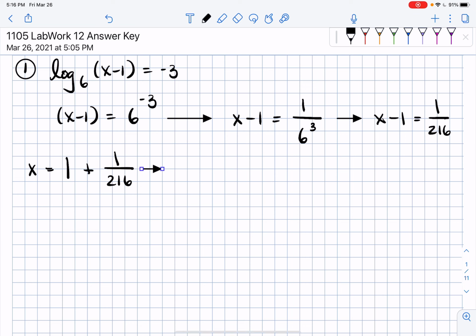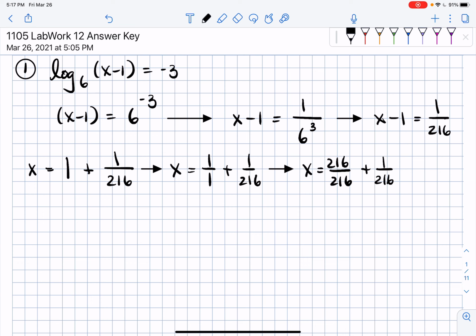Well, another way of looking at 1 would be what? Just saying that x is equal to 216 divided by 216, because 216 divided by 216 is 1, with a denominator of 216, plus 1 over 216.